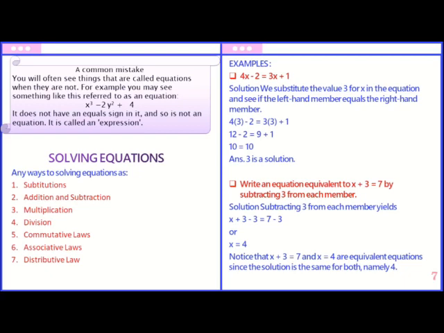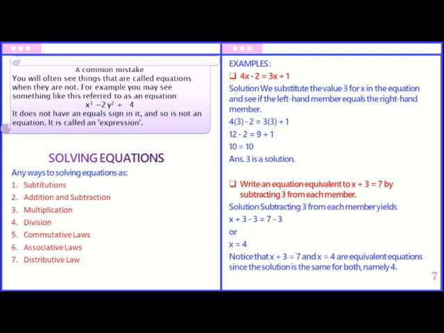In number 2, we can use subtraction. The example: write an equation equivalent to x plus 3 equal to 7 by subtracting 3 from each member.